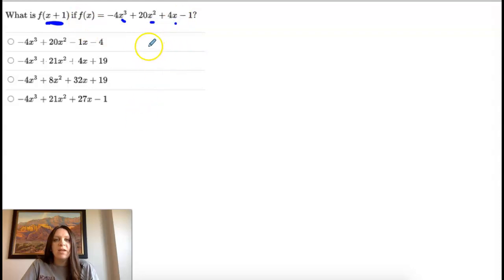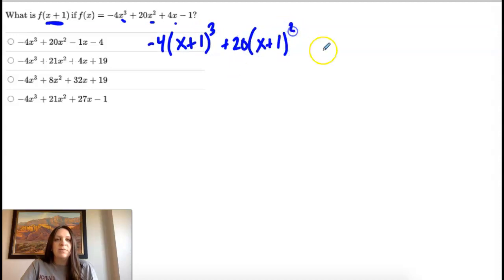So negative 4, but instead of x, I'm going to have x plus 1 cubed. Plus 20, but instead of x, it's x plus 1. Plus 4, x plus 1. And then minus 1. So it's the same function, but I replaced all the x's with x plus 1.